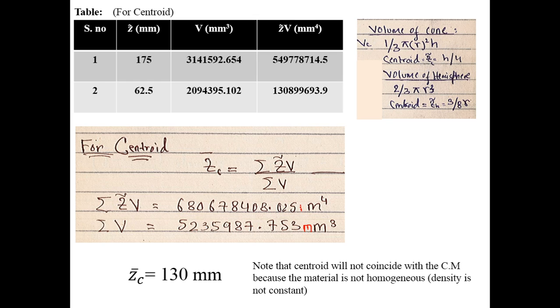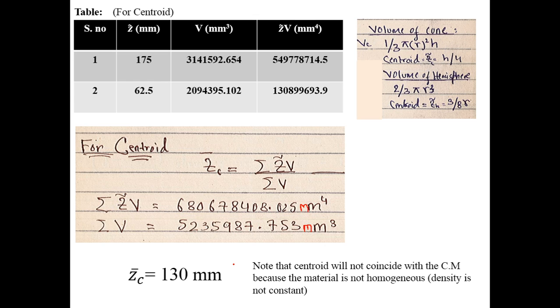So if you divide according to this formula, this value by this value, you will get 130 millimeters. And so you can notice that the centroid of this volume is not coinciding with the center of mass.